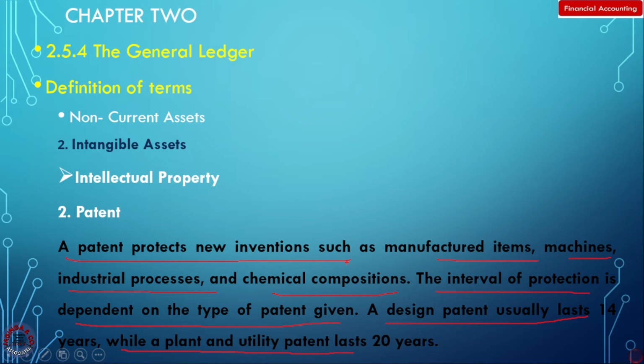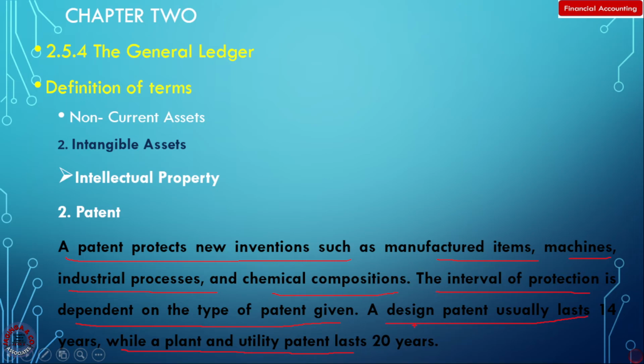So when you have a new invention, you'll have a patent right. When you have a new invention of a machine or industrial process or chemical composition, you'll have a patent protection. And then a design patent usually lasts for 14 years, while a plant utility patent lasts for 20 years. When you talk about a design, we mean maybe the design of a vehicle, the design of a machine.